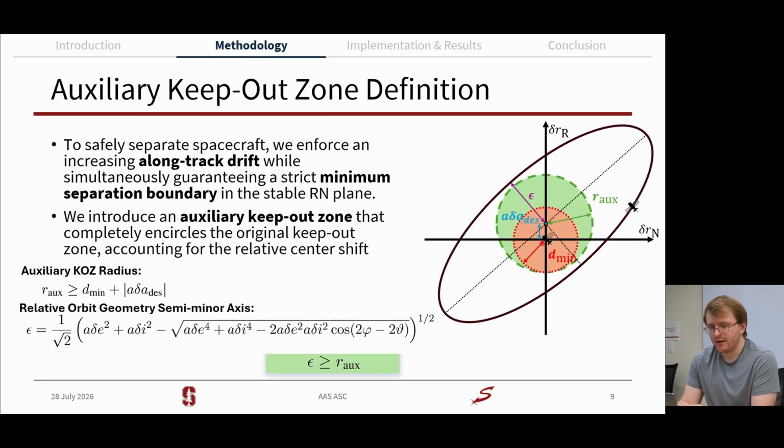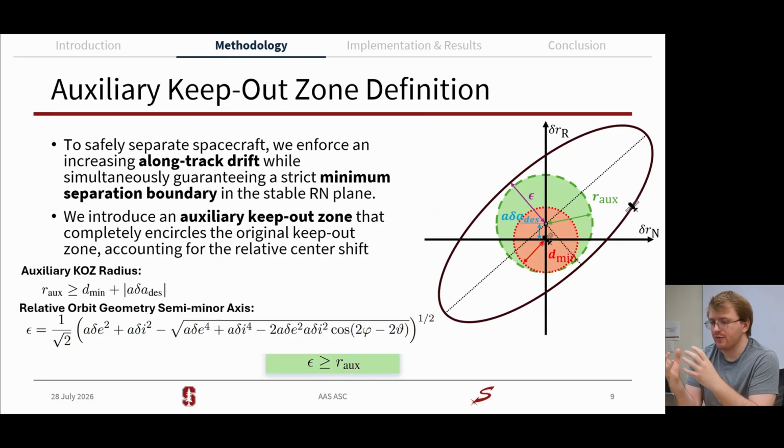In order to generate a safe escape maneuver, I'll introduce what I'll call an auxiliary keep out zone. This will be an area that will contain our strict keep out zone where we don't want the spacecraft to violate separation, but it will also contain a shifted relative semi-major axis between the spacecraft, which is what causes a long track drift in the ROE dynamics.